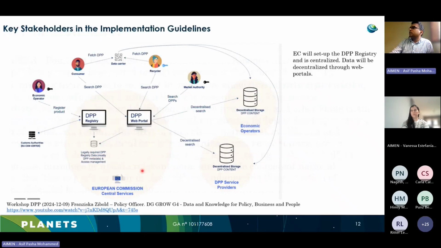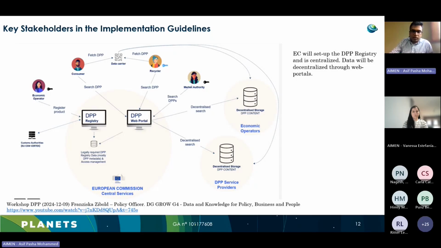In my next slide, this is a slide from one of the policy officers regarding the implementation of the DPP and some guidelines here. So as you can see here, the European Commission is also part of the DPP. They will provide some central services, the registry and the web portal.